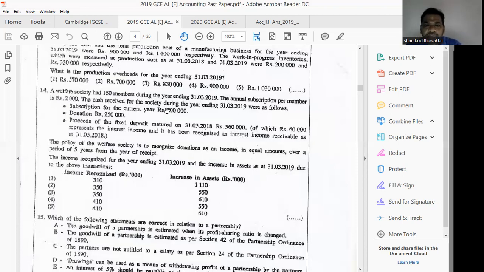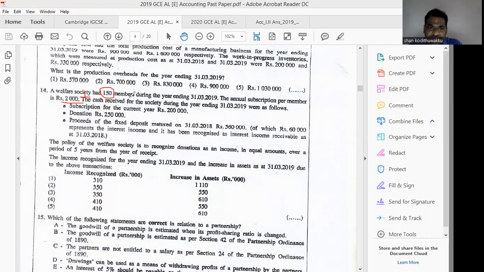First income, member fee income. If you are given the number of members and the amount each member has to pay, then you can easily take what is relevant. 2,000 you are given, and this is a per member fee, and you are given that there are 150 members. Therefore, 150 into 2,000 equals 300,000 rupees.